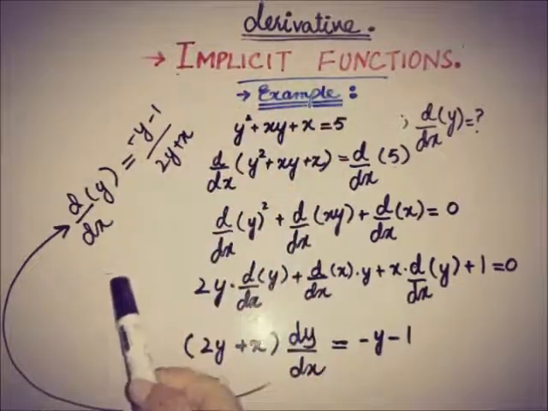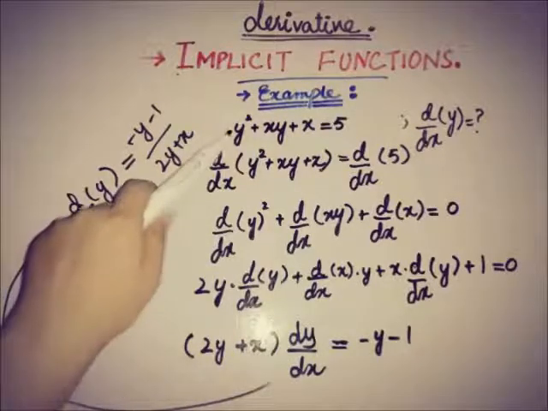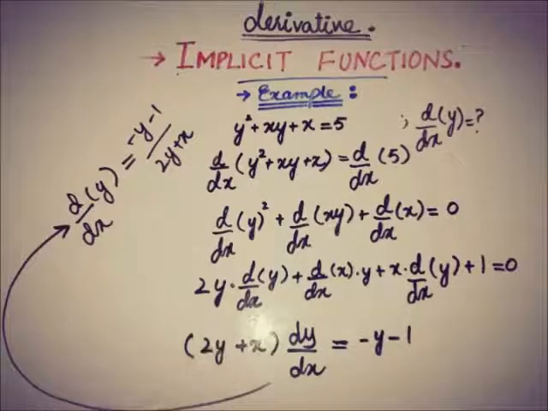So this is the final answer, or the final rate of change, the derivative of this implicit function, and it is really easy to find the derivative or to do implicit differentiation by using the basic theorems of the derivative.